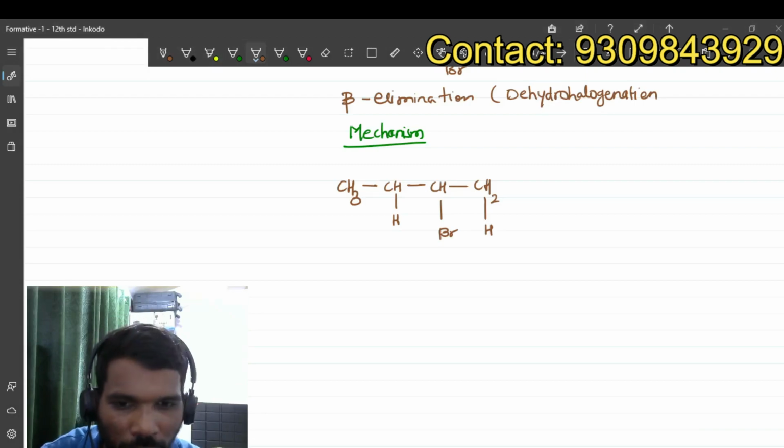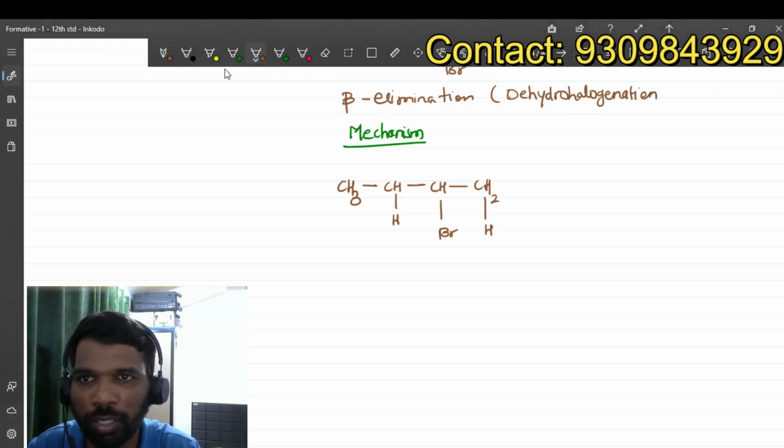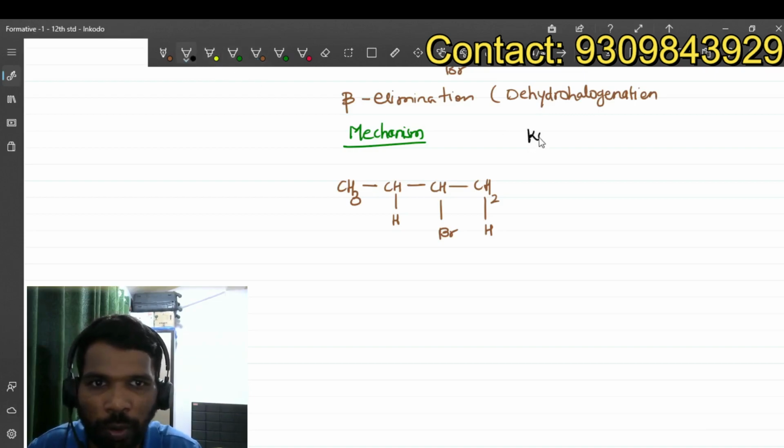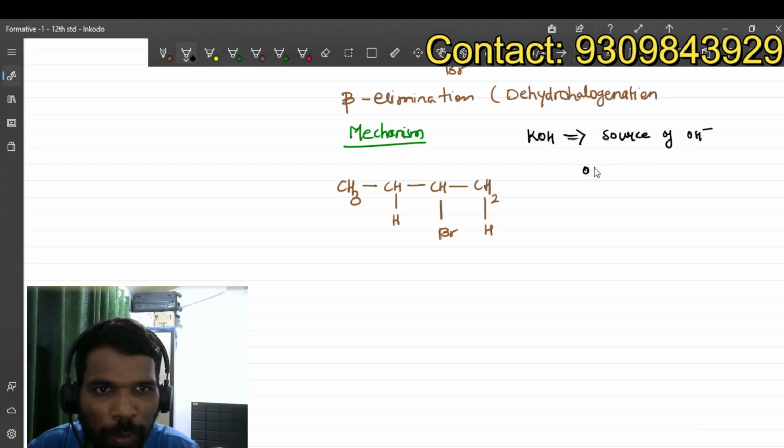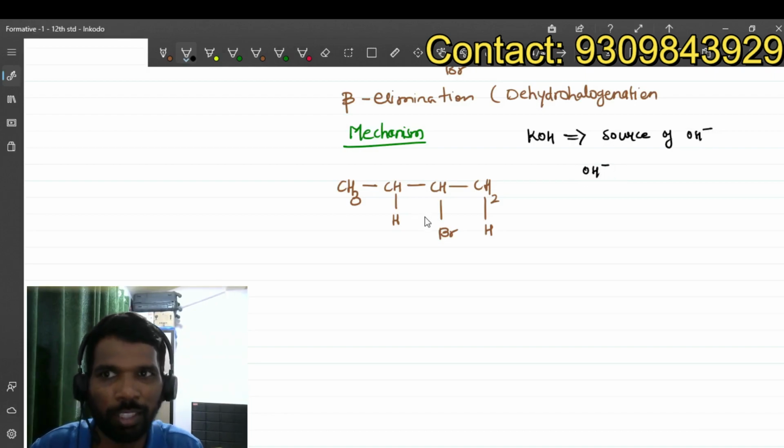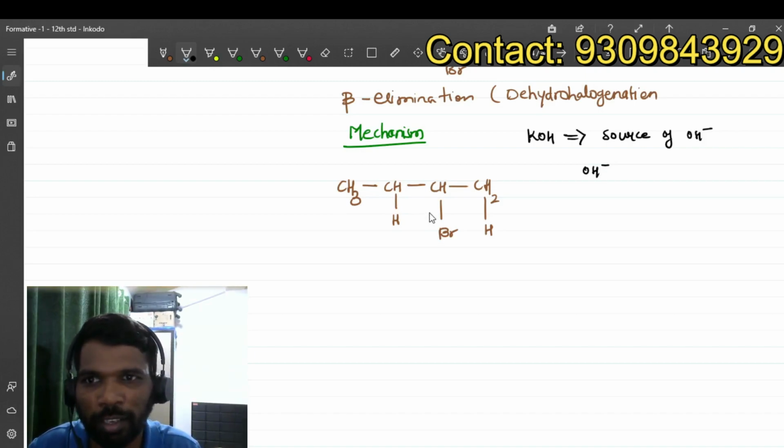Okay, so I was here, I was explaining a beta elimination. So KOH, what is written over here? That KOH which we are writing, why we are adding that? Remember that it is a source of OH minus. Now OH minus is a what? We know that OH minus acts as a nucleophile, it attacks a carbon deficient.